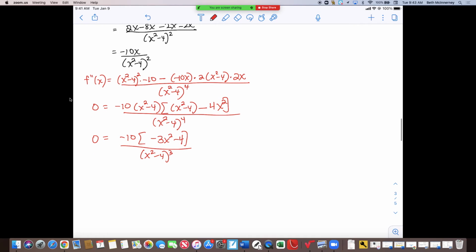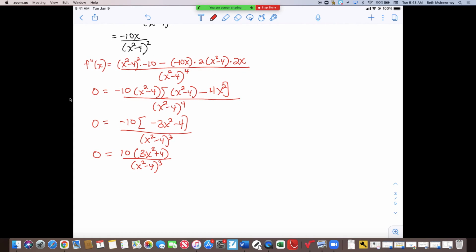Then let me go ahead and factor out a negative. All right, so there we go. So f double prime of x never is equal to 0 because the numerator is always positive.